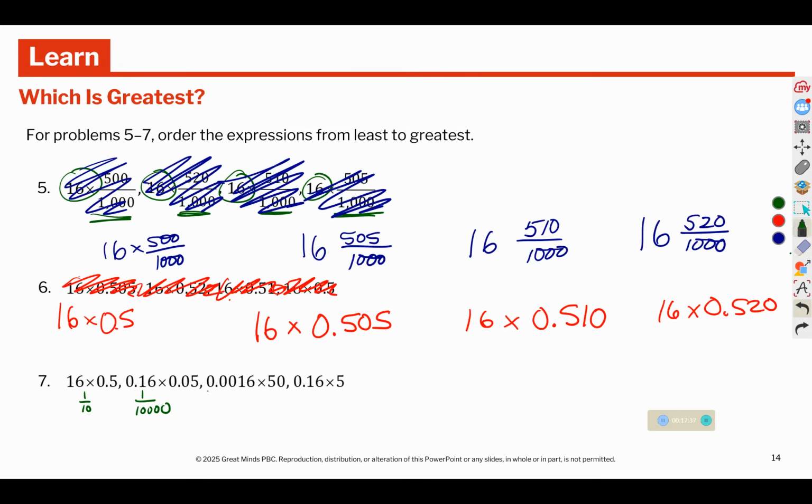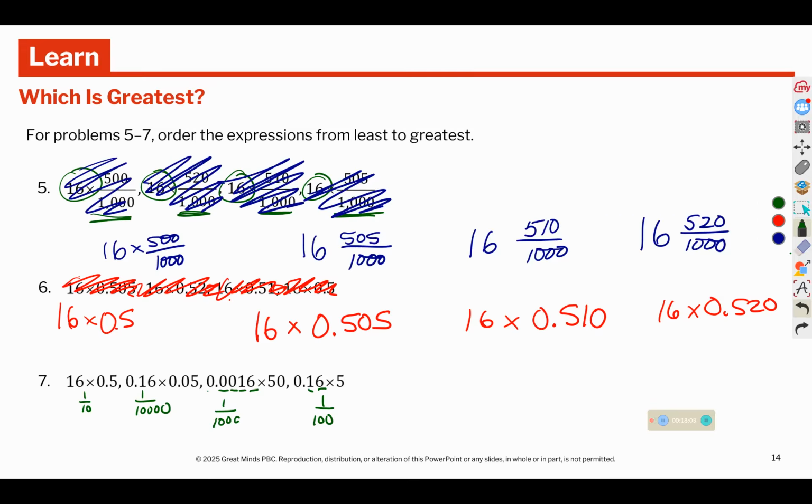This one has gotten bigger by 10, but then broken down 1, 2, 3, 4 spots. But that one would divide out one of them, so then only 3 spots. This one has 2, which would be 100th.